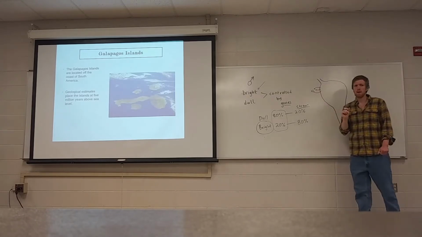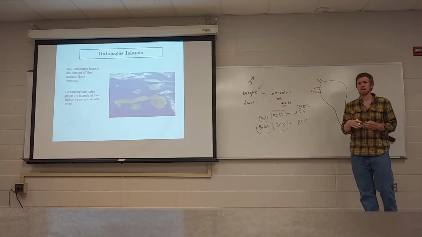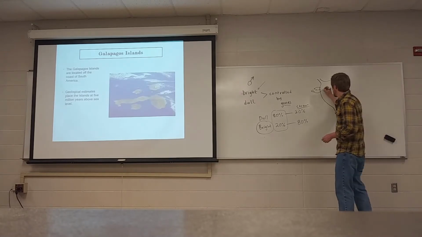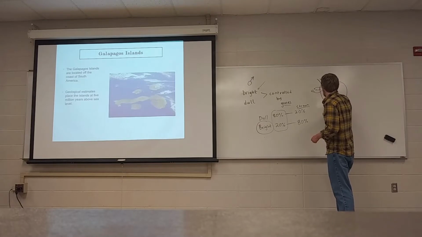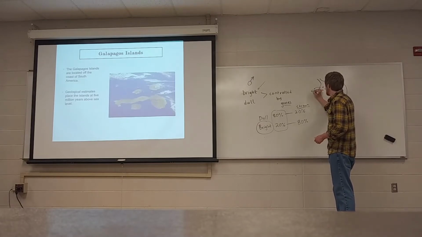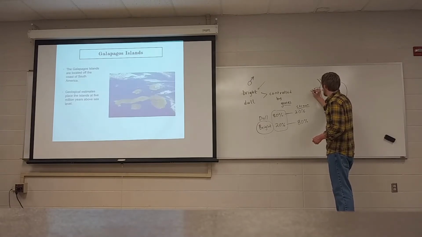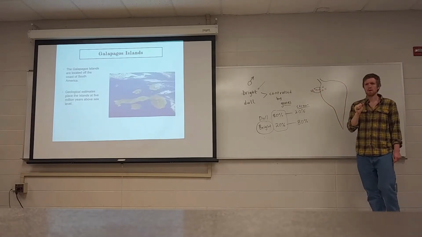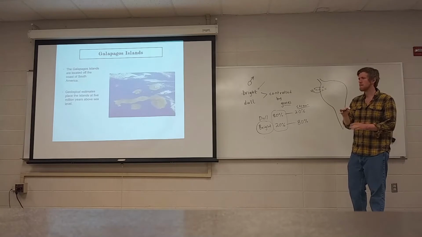Once they get to the islands, like I said, the pressures of natural selection are very different, which means their ancestors that still live on the mainland will be similar enough to the Galapagos organisms that we should recognize the resemblance.